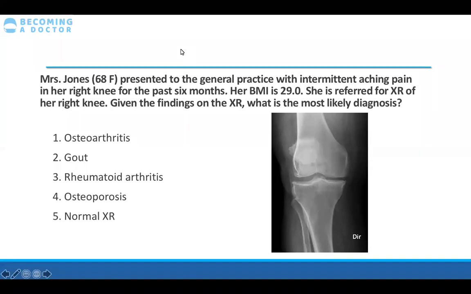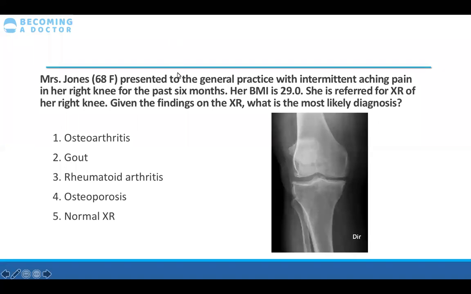Okay, I'm hoping you guys can see the results now. Half of you said osteoarthritis, which is the correct answer. We've got a few votes for rheumatoid, a vote for osteoporosis, and one for normal X-ray. So it's good we've got a range of answers. We can work through them and see why it's osteoarthritis.